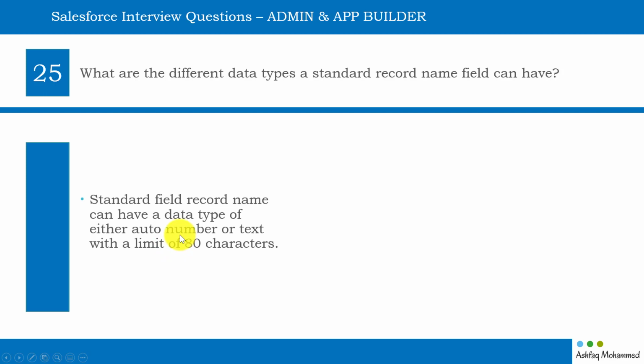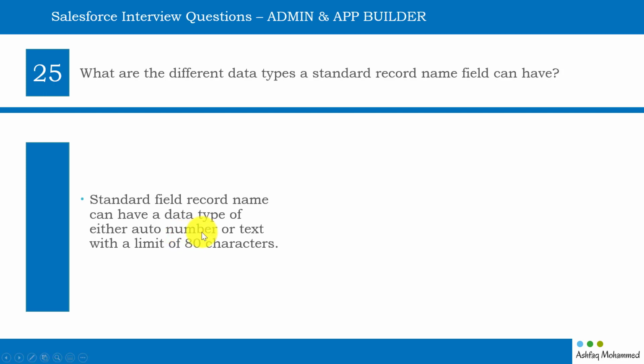Either you make it an auto number, which will generate auto numbers. Let's say, for example, I want to create an object called invoice, right? So I can give the auto number configuration as INV-001, right? So the first number will be INV-001, and then if we create a second record, the system automatically generates the second number called INV-002, INV-003, and so on.